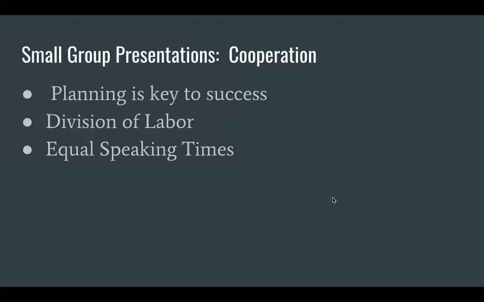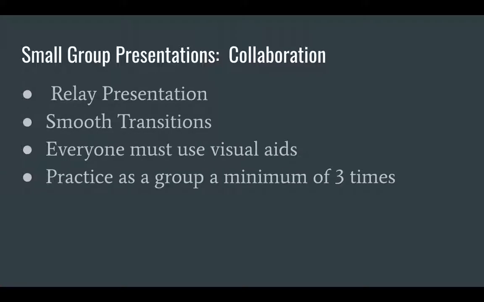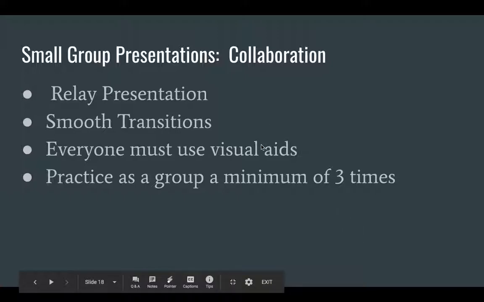Many students in a small group are like, great, I'll do the introduction and that's it. But it's very important that we hear the voice of each group member equally throughout. You need to relay the presentation. It's not something that's choppy. You have very smooth transitions. Everyone uses visual aids effectively, and you practice as a group a minimum of 3 times together.